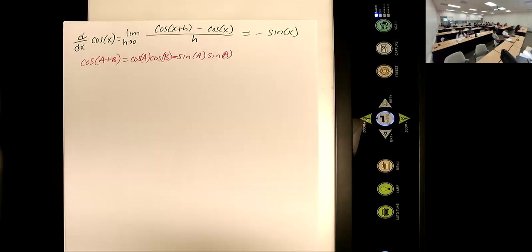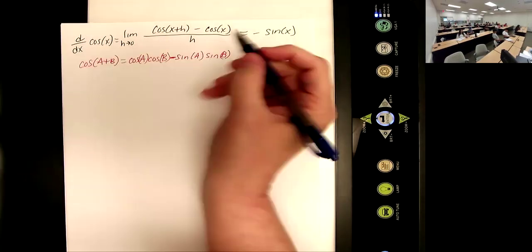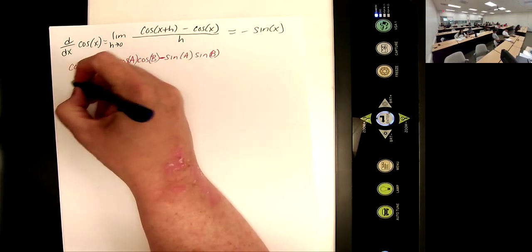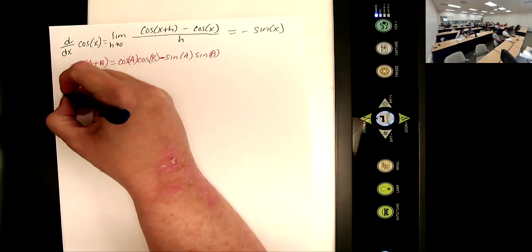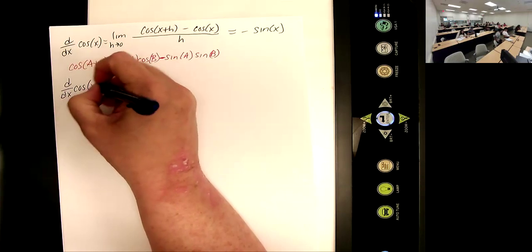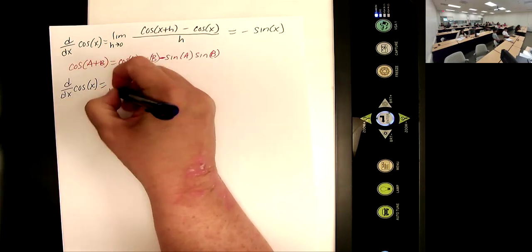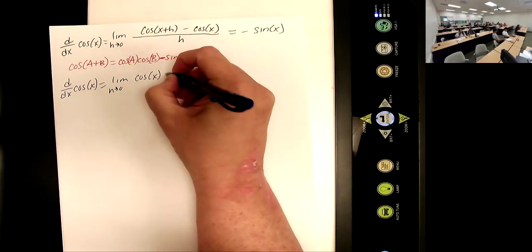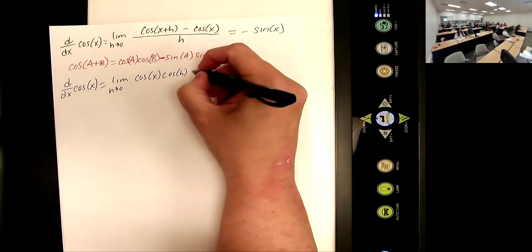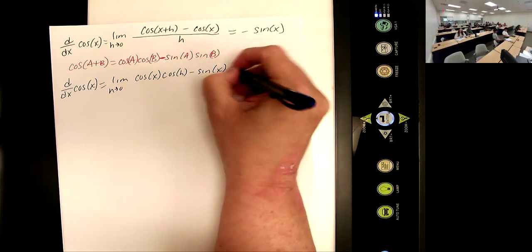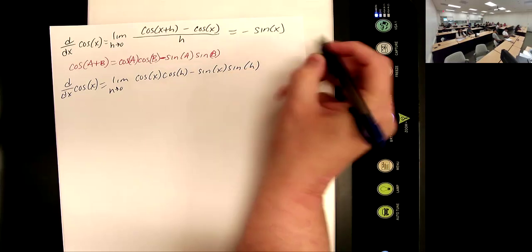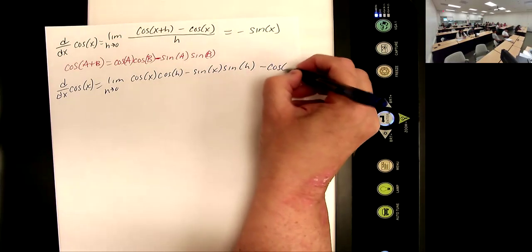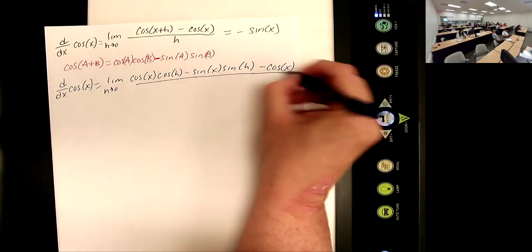Alright. Let's apply that. d/dx of cosine x equals the limit as h goes to 0 of cosine x cosine h minus sine x sine h, and then minus cosine x, all over h.